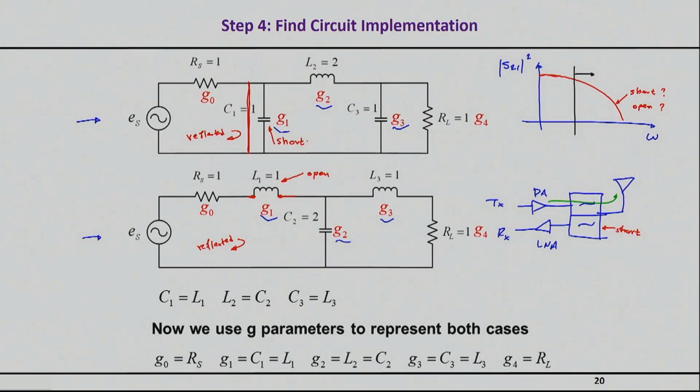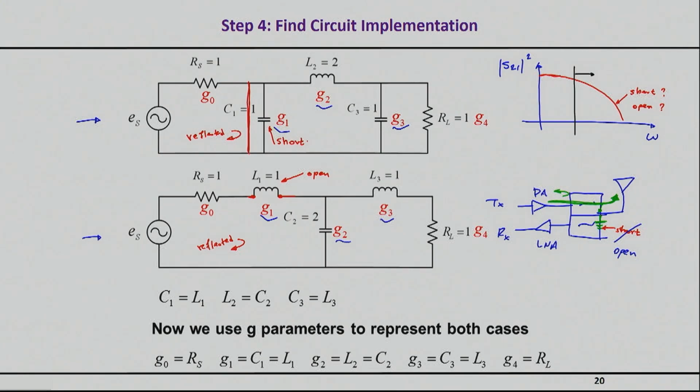Probably the word total catastrophe doesn't begin to describe what's happening here, because you're not going to successfully transmit. The minute the signal reaches this diplexer, it will see a short right here. So tough luck, instead of going through the antenna, it will be reflected. What you really want is not a short, but an open. So when the signal comes through, it sees two paths. One has been left open, so it won't go to the receiver path. The other leads to the antenna, and you have success.